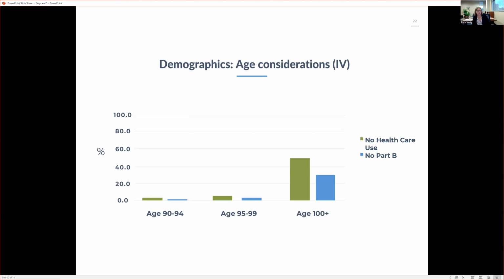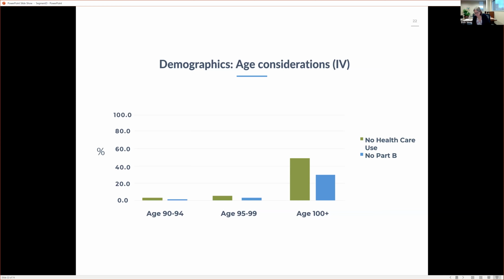In other words, these would be people who never had any care and in some cases chose not to pay the premiums, because if you remember, Part B costs money. And we see a higher percentage with 95 to 99-year-olds. But again, the overcounting from Medicare was greatest then.